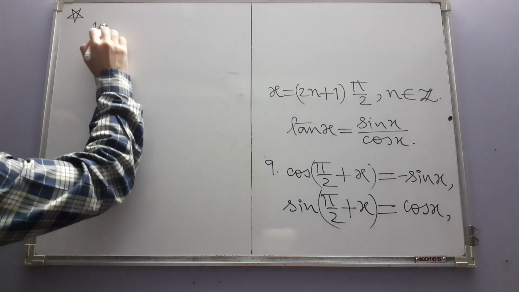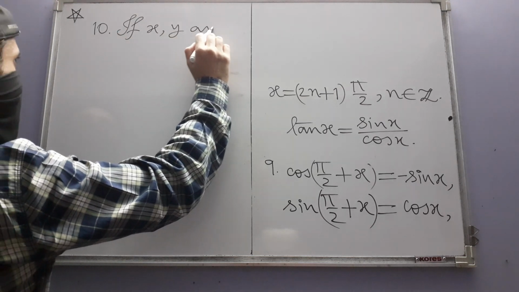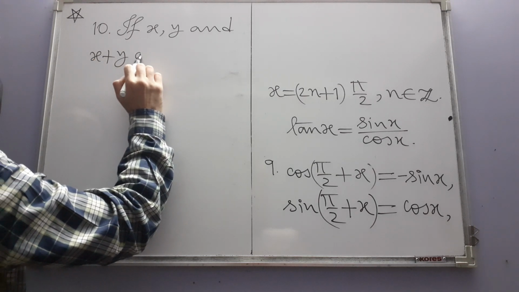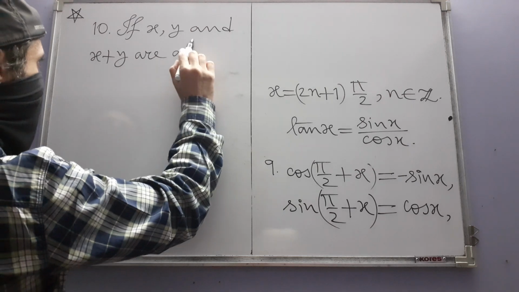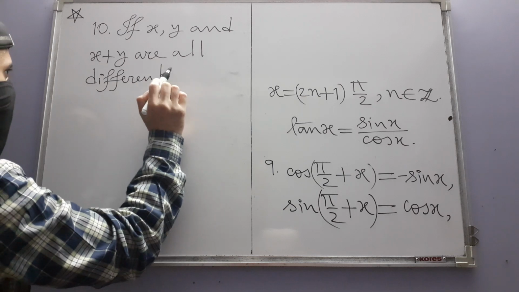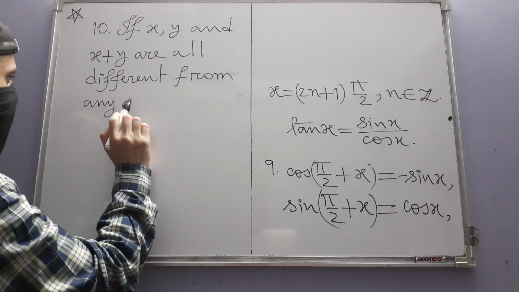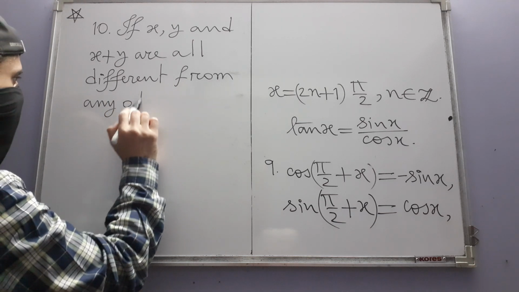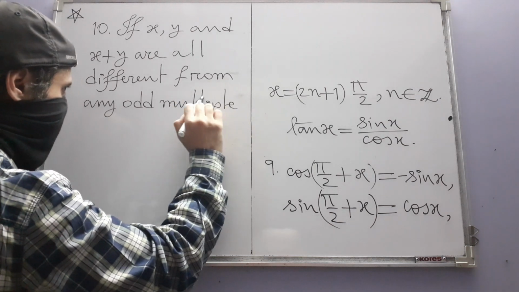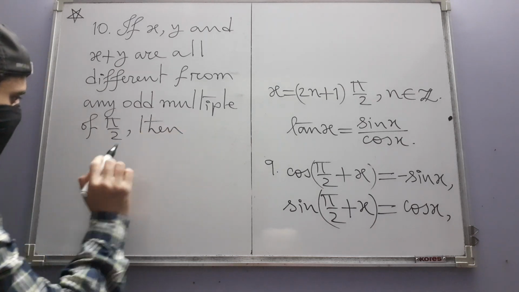It's the 10th one. If x, y and x plus y are all different from any odd multiple of pi over 2, then this is the identity.